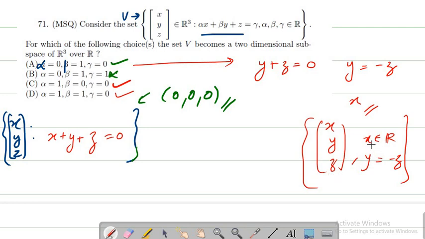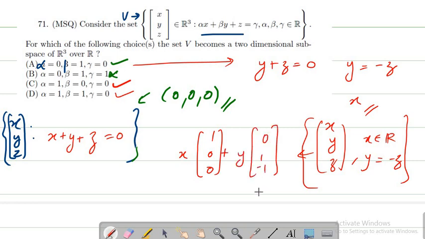Here we can write any vector of this form to be something like x times 1, 0, 0 plus y times 0, 1, minus 1, right? Because this z is nothing but minus y. So we can replace this z as minus y, because this property is there.